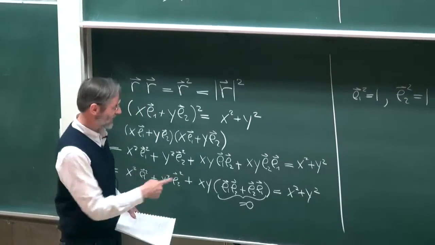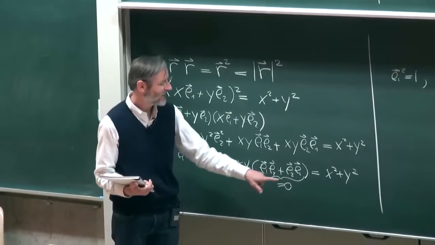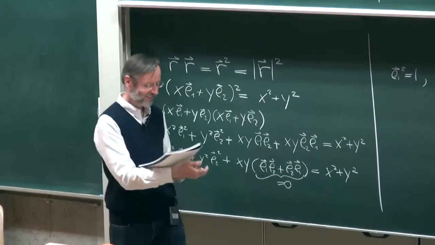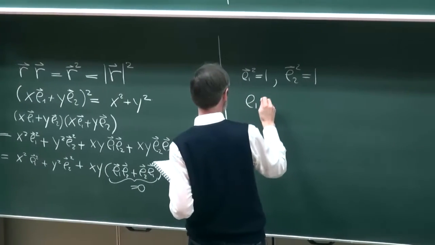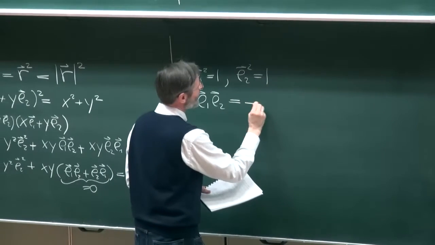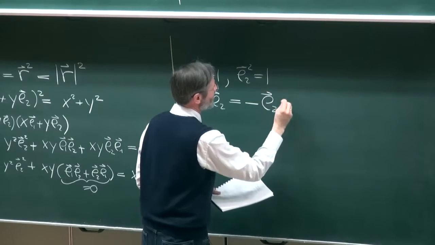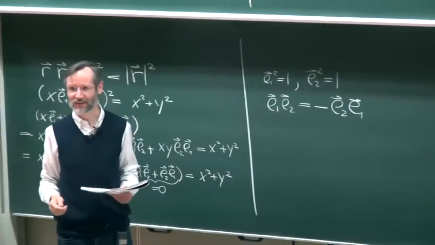So the term E1 E2 must be minus E2 E1. Then it can be 0. So we harvest that E1 E2 must be minus E2 E1 under this new product.